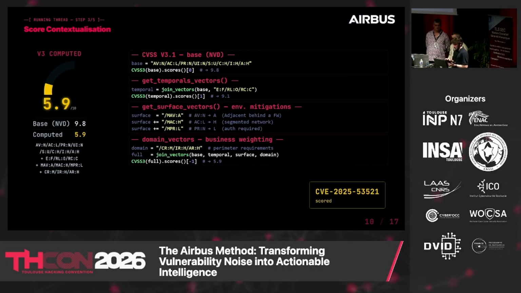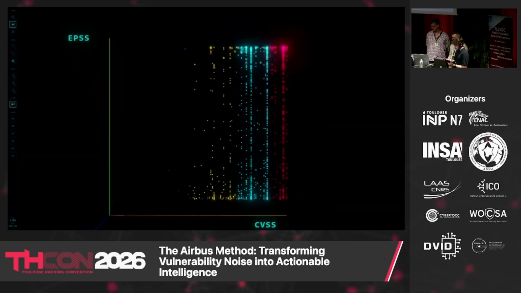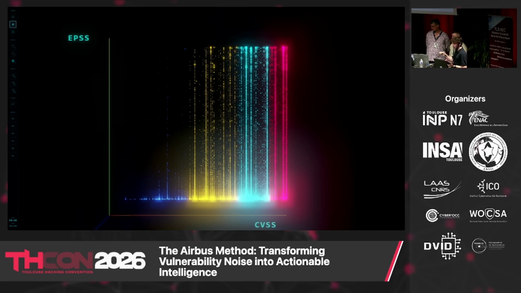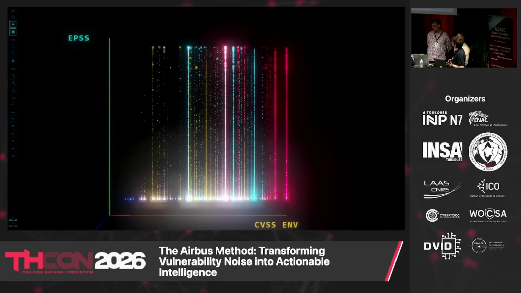If we take a look back at the plotted graphic, and we apply this logic to all of the CVEs, normally each CVE has a special logic of vectors, but let's take only the vectors that I showed you. It went to this. As you may see, it's a bit laggy, but all you should see is that a lot of CVEs were lowered in criticality, this is the x-axis.